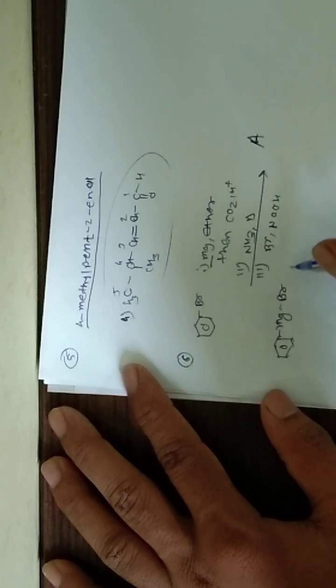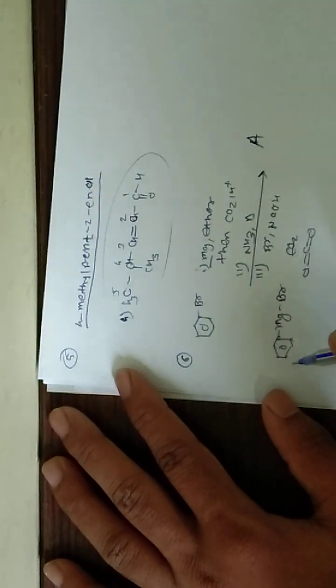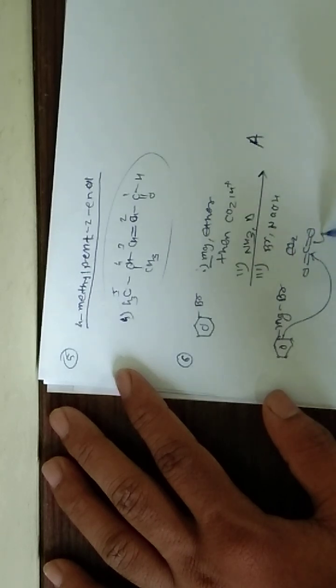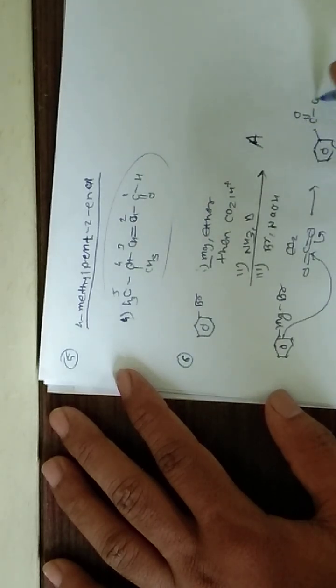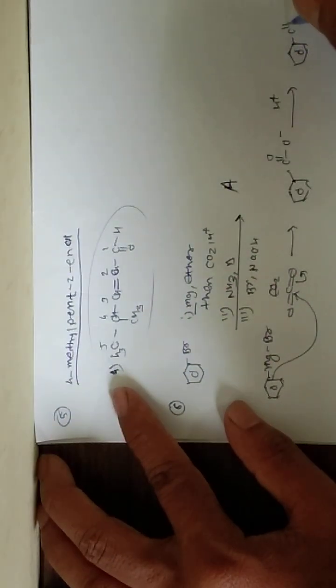Then addition reaction with CO2, that is C double bond O, double bond O. This will be a nucleophilic attack on that carbon and this bond will open. So what will be the product? C double bond O, O minus, and after hydrolysis benzoic acid comes into the picture.